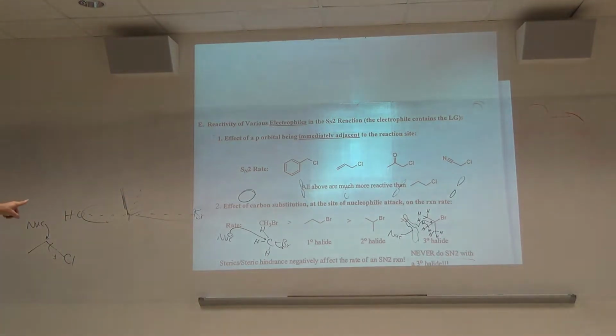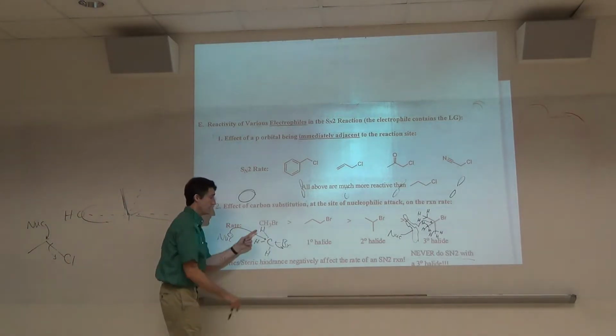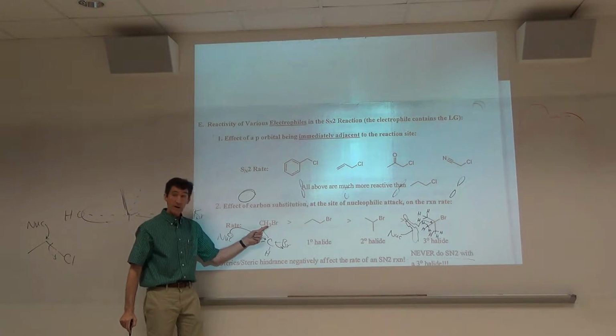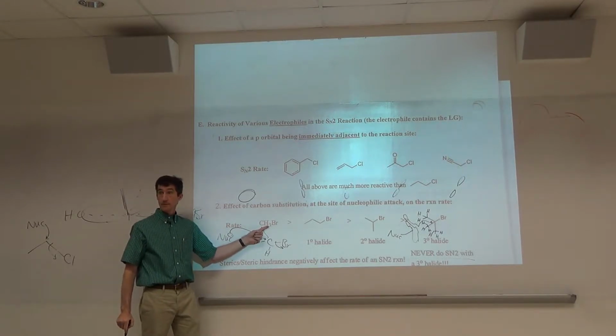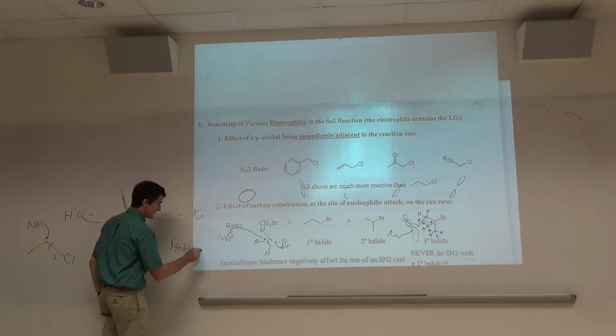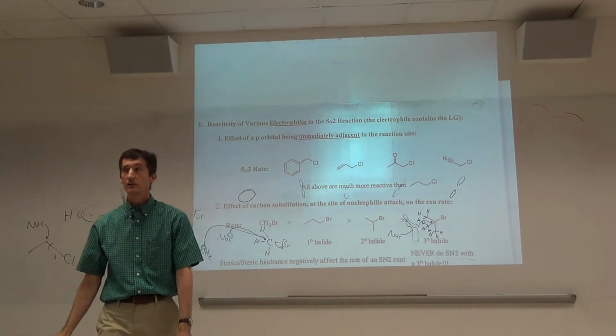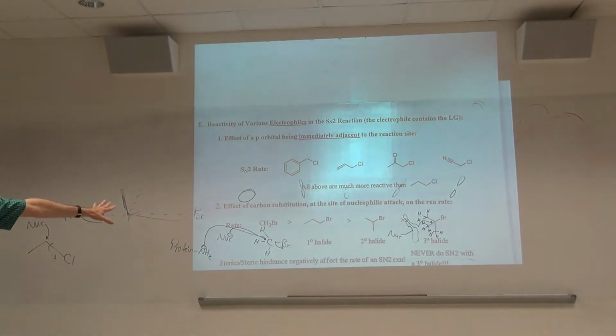Which one's most reactive? The one that's least sterically congested. Something like this. In fact, that guy right there is quite toxic. So the proteins in your body have like amino groups. And these can just, boom, do SN2, kick off that bromine. Actually, methyl bromide is used to fumigate and kill like rodents and insects.